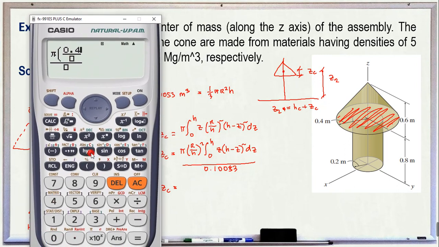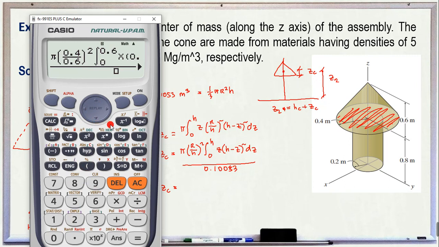This is for the cone, over the height of the cone we have 0.6, and then square, then integral of alpha x times h of 0.6, so 0.6 minus alpha x squared, from 0 to a height of 0.6.